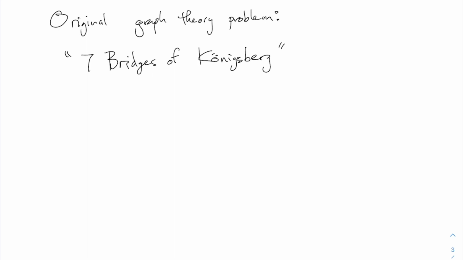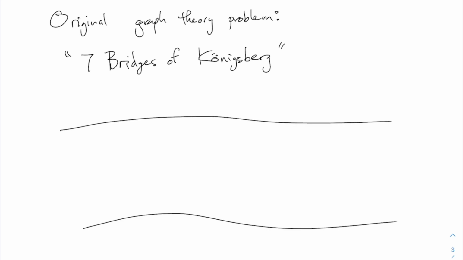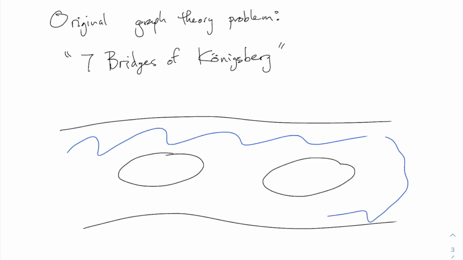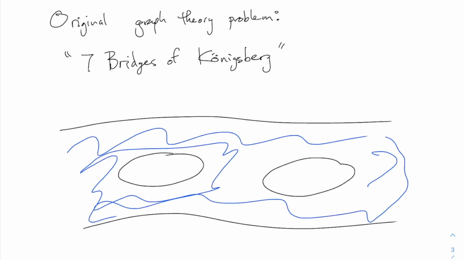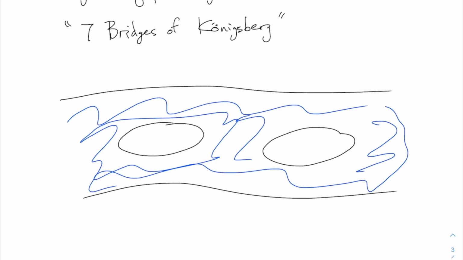The city of Königsberg has a river that goes through it, and the river has 2 islands in it. This is all the water, and those are 2 islands in the river, and those islands are connected by bridges, right through the middle of the city. There are bridges from the islands to the land, and also a bridge in between them.